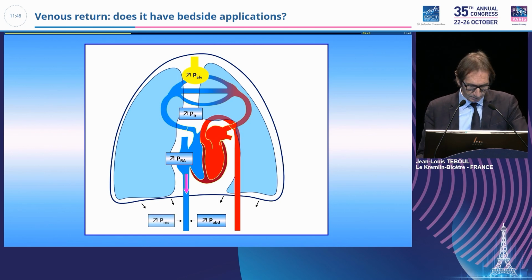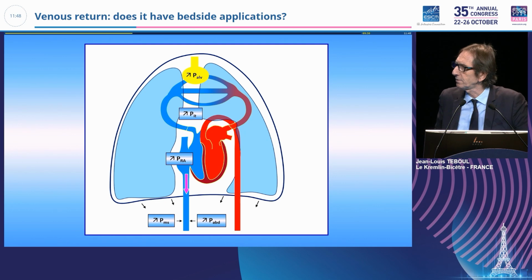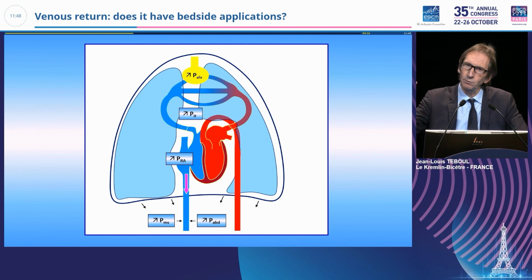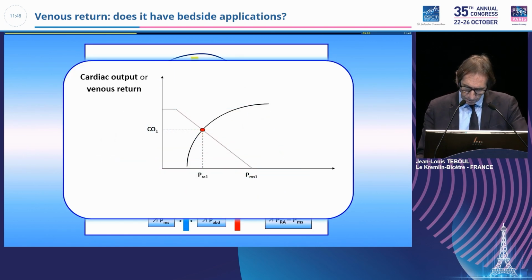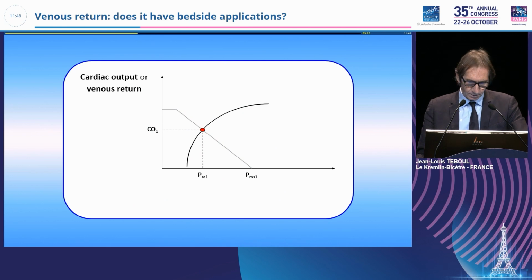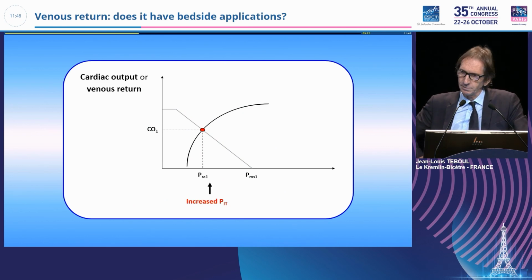And therefore, this can counteract the effect of mechanical insufflation on the right atrial pressure. If I summarize this on this graph, I start from these values.